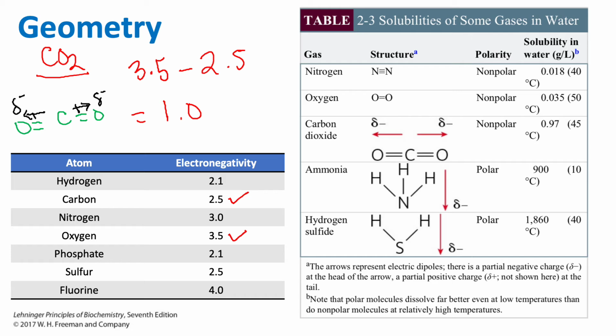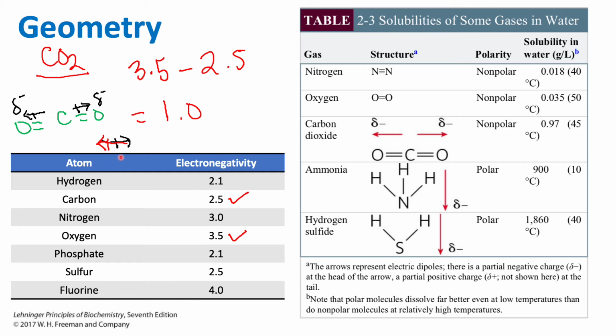These two dipoles will cancel each other out, because if I draw out one dipole like this, and I draw the second dipole, since they're of the same magnitude, equal and opposite, they will cancel out.